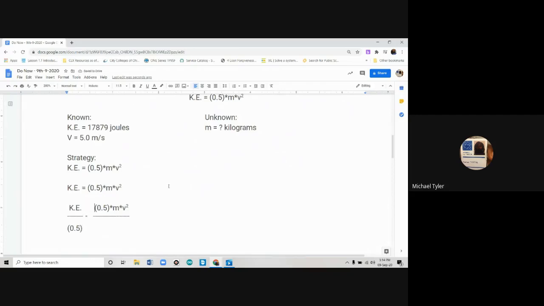I'm also going to take that multiplication sign from here, copy that, and put it here. Okay, let's clean that up a little bit. This is one fraction here. The reason you're doing this is because you want to cancel out on both sides what's next to the mass. So that's how it should look so far.